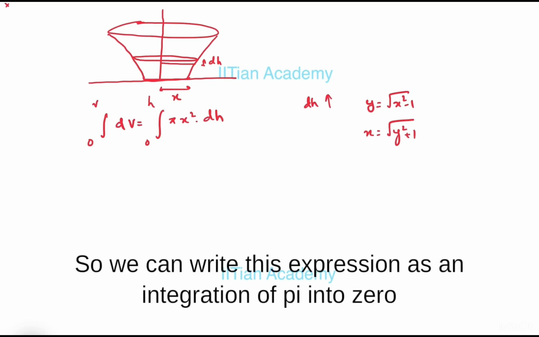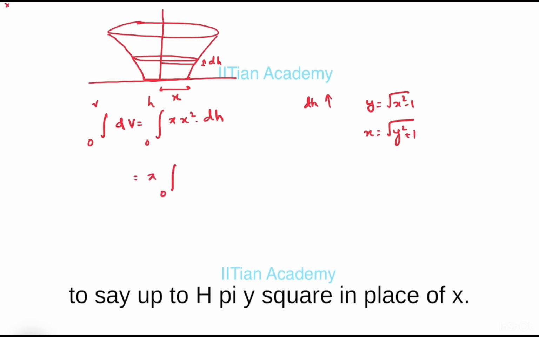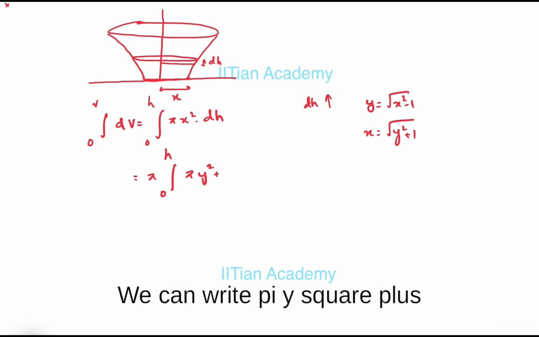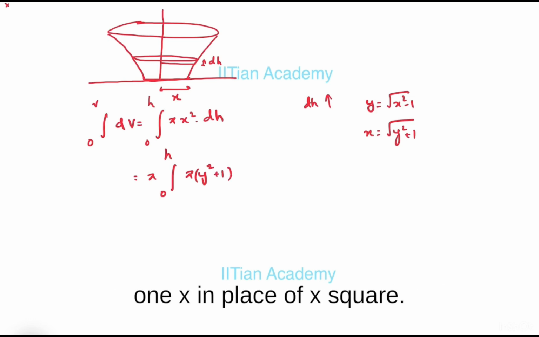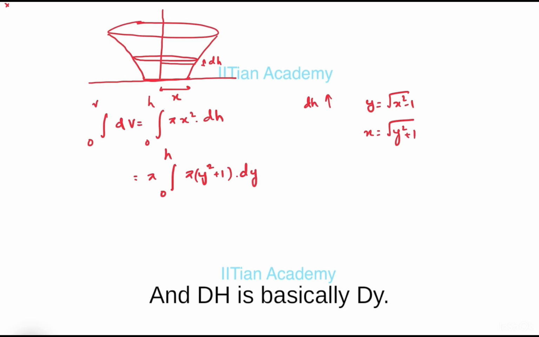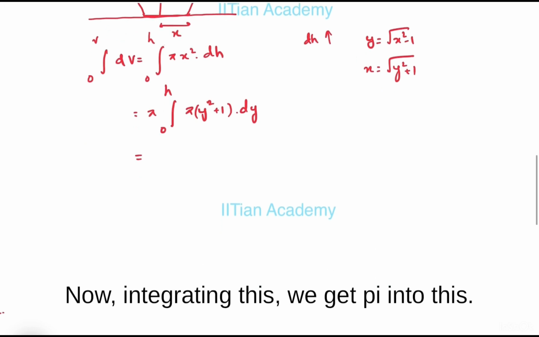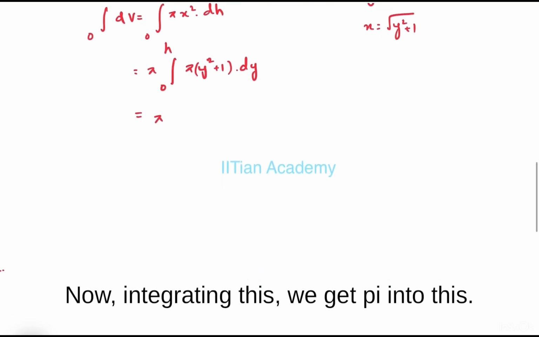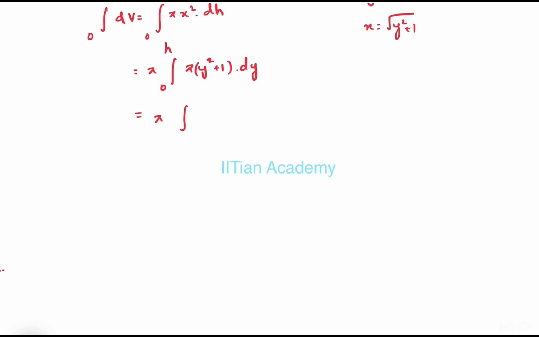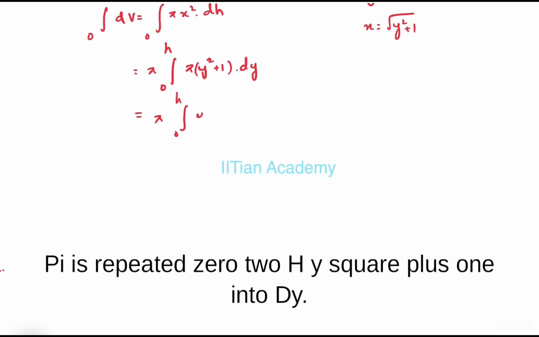So we can write this expression as an integration of pi into 0 to h, pi into y square plus 1 in place of x square, and dh is basically dy. The height is in the y direction. Now integrating this we get pi into 0 to h of y square plus 1 into dy.